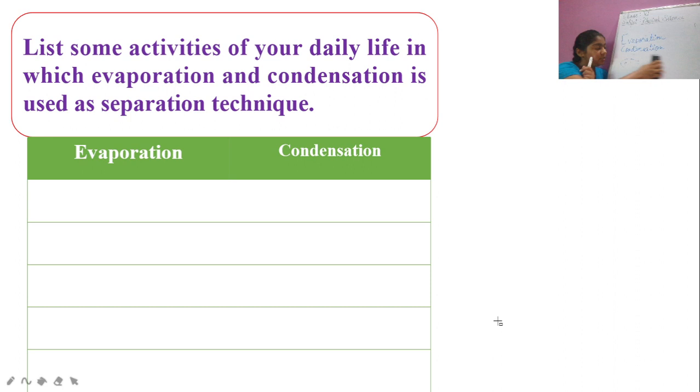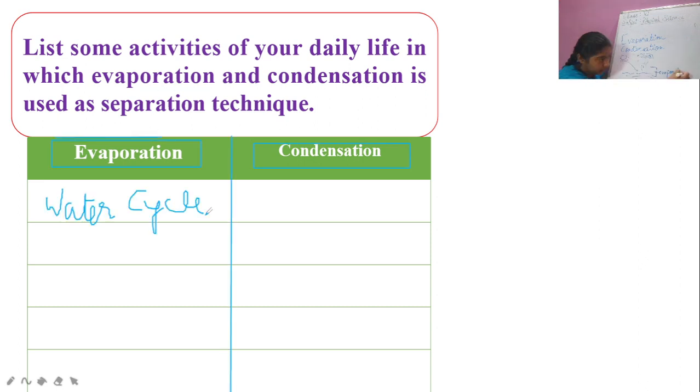So this process is called evaporation, right? In the other process, these water vapors are converted into liquid in the form of rain, right? So that is called the condensation process.